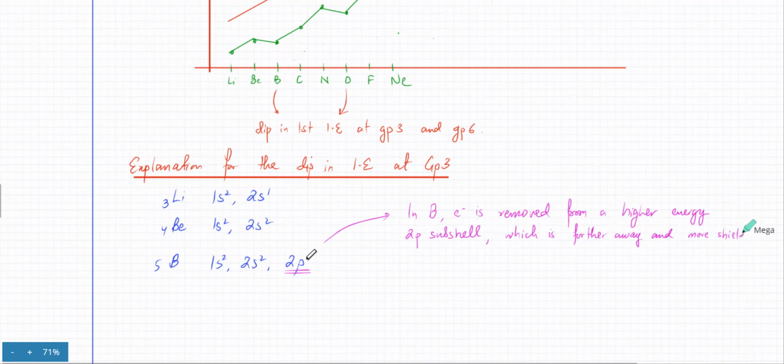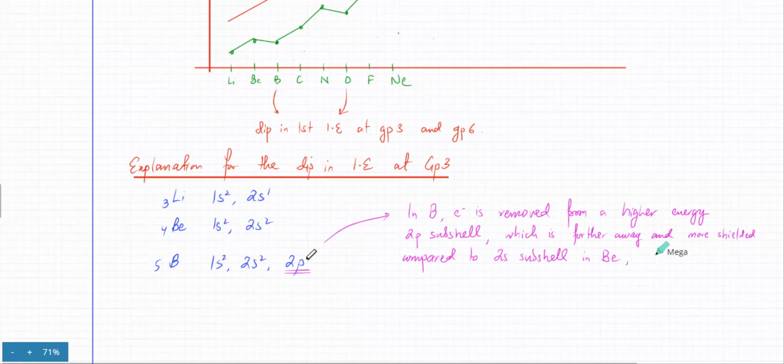So it's easier to remove electrons compared to the 2s subshell in beryllium.